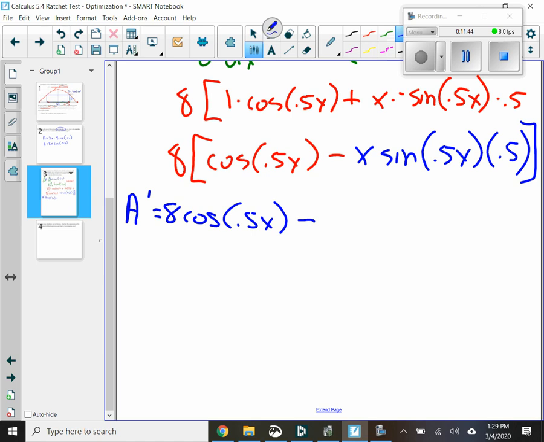Are we okay with that? This is one term, x sine 0.5x times 0.5. So if I distribute this 8, I can knock out this 0.5 and make it a 4. So 4x sine 0.5x. I think that's about the easiest way to read the derivative of the area.